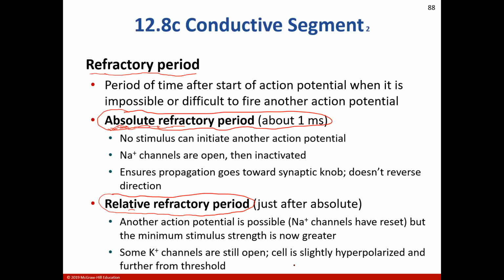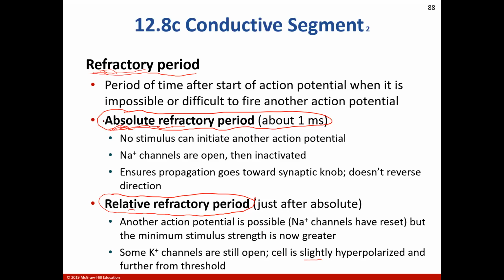That is where the cell is just slightly hyperpolarized from the threshold. So let's say it's minus 75, which is slightly hyperpolarized. Technically, that's a period of refraction, but if you have a stimulus that's strong enough, you'll get another action potential. So refractory is disallowing an action potential because of the hyperpolarization of the membrane.